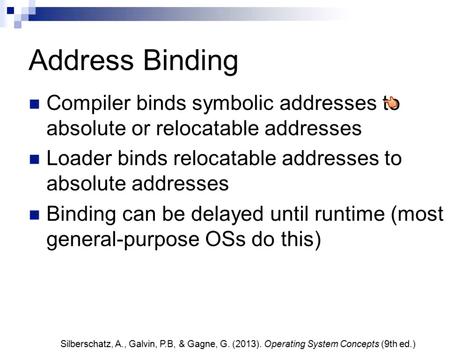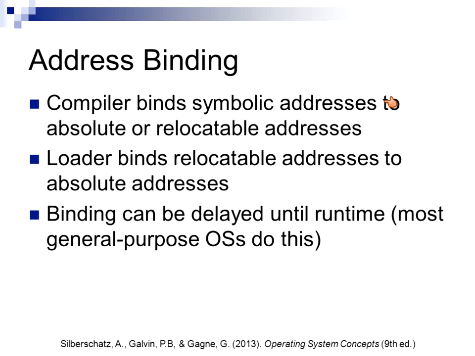The compiler takes the symbolic addresses. In other words, every instruction is actually going to be in memory somewhere at some point, and it's going to have an address in memory. And every piece of data that you use in a program is going to have an address.